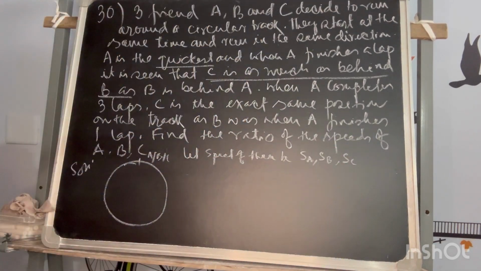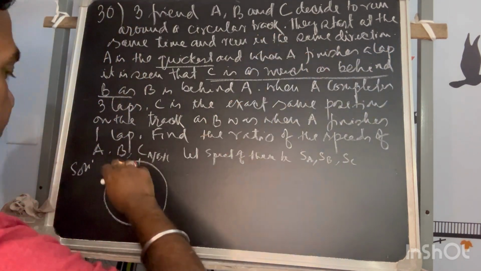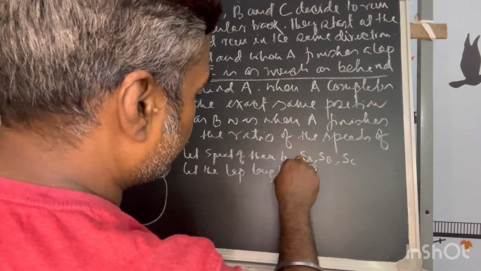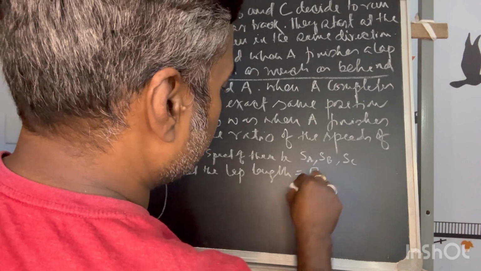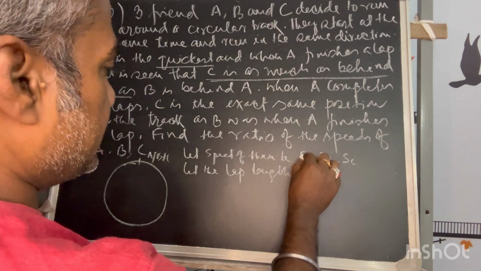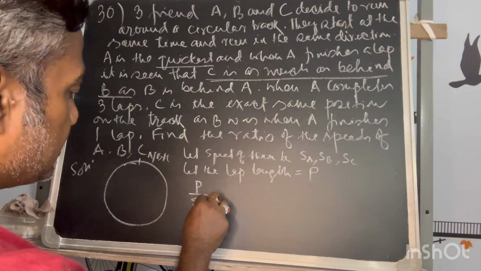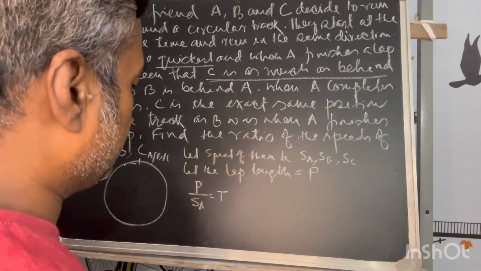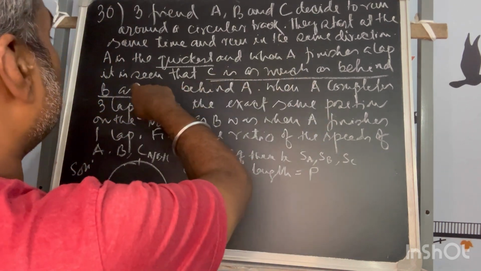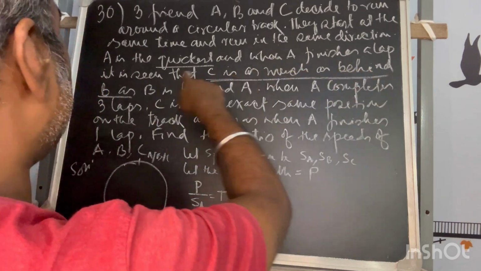Now the condition is that when A finishes a lap, and let the lap length be the perimeter P. A, with speed SA, takes a time, say T, to cover the perimeter. At that point, what is the condition? C is as much behind B.